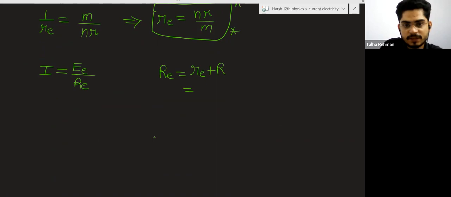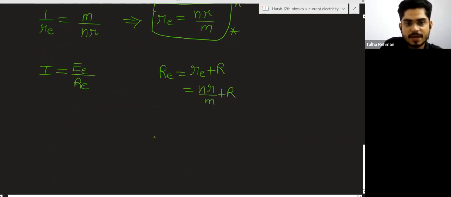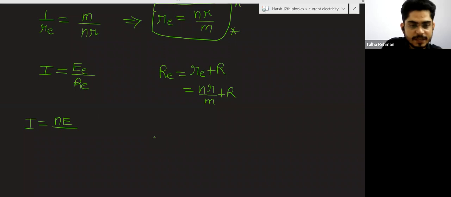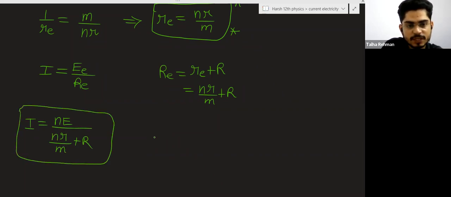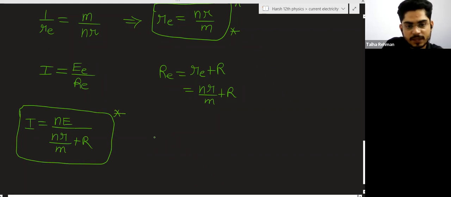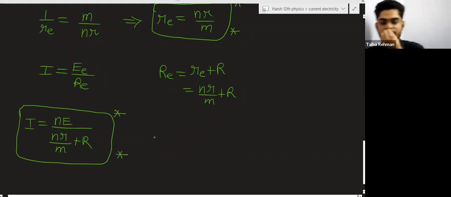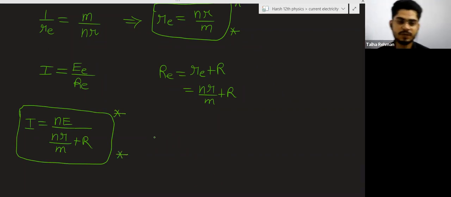Total internal resistance is nr by m plus R. And E equivalent is nE. So I equals nE divided by nr by m plus R. This is the current that will flow in the circuit.